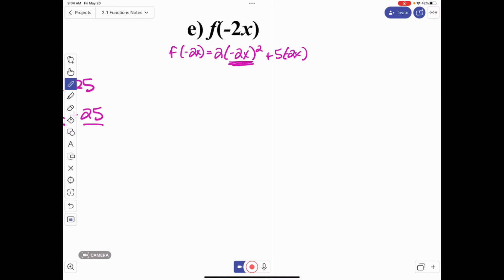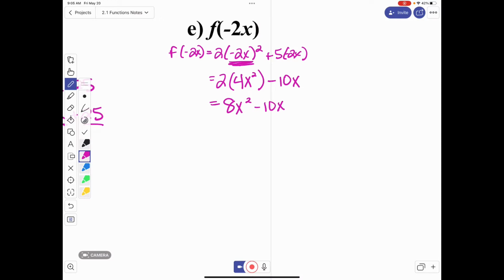Don't multiply by the 2 and then square it. You've got to follow order of operations. So if we square that, negative 2 squared is going to be positive 4, and then the x, of course, turns into a square. And then 5 times negative 2x is going to give us negative 10x. And then 2 times 4 gives us 8, so we have 8x squared minus 10x.